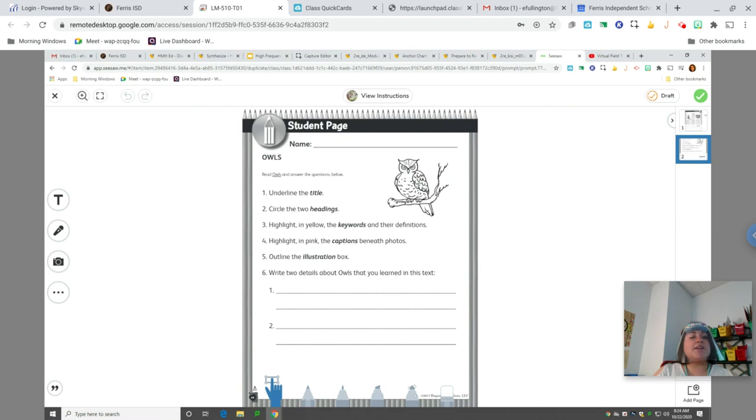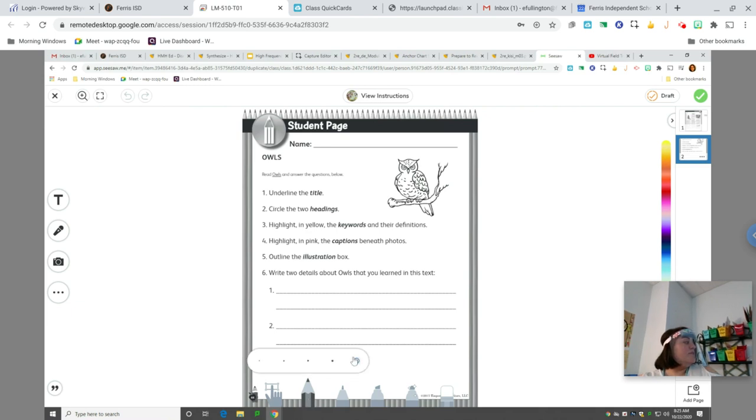All right, so there's the next page. The direction says here, student page, owls. Read owls and answer the questions below. Well, we read owls, right? So our first step, you ready? Because you're going to need the pencil and Seesaw. So click the pencil at the very bottom. It's this one right here. I'm going to change it onto blue. And you can change it to the thickest one.